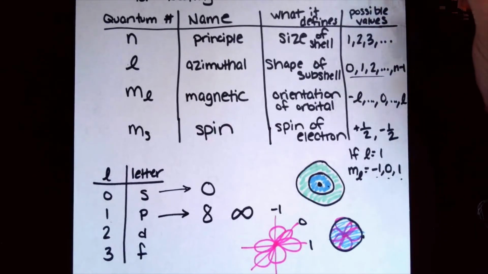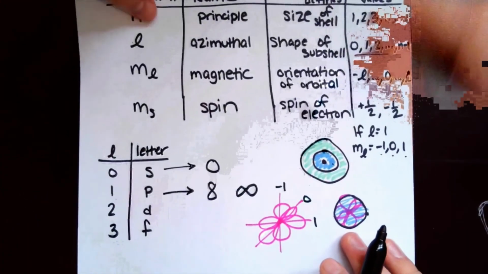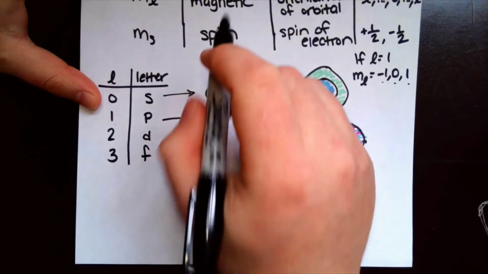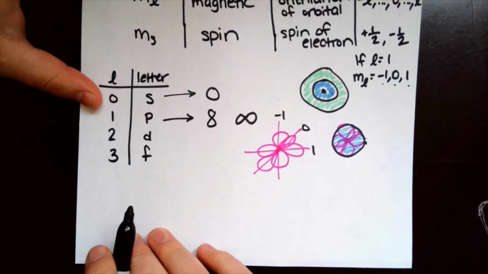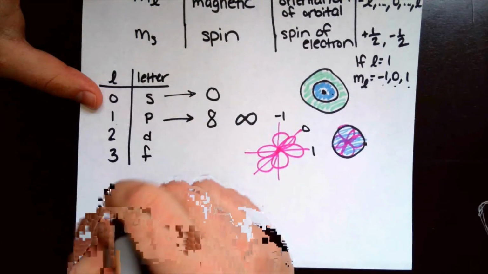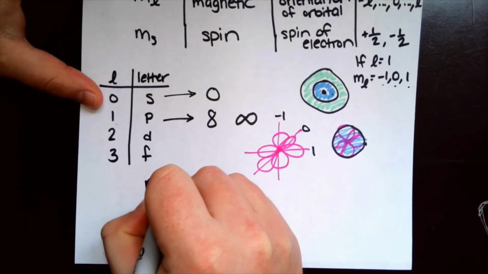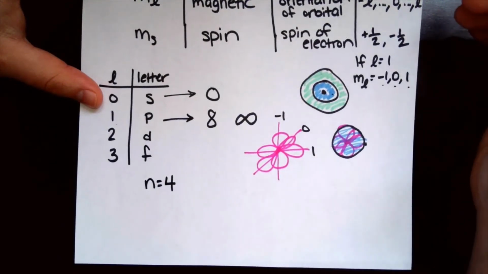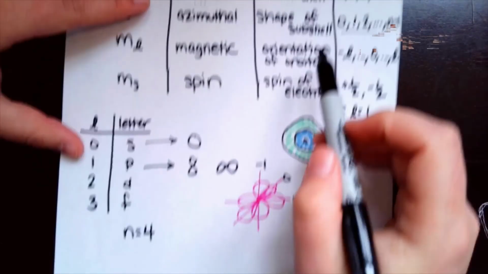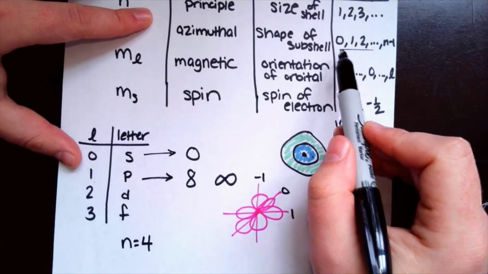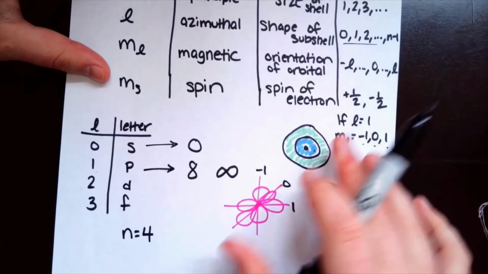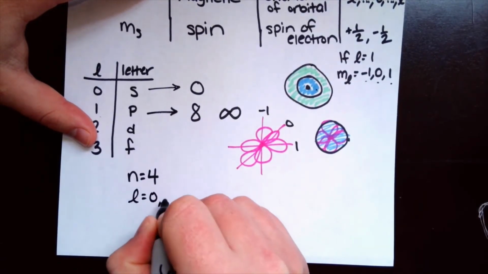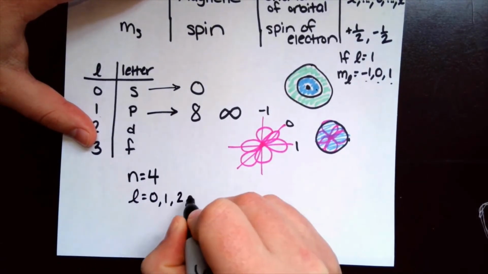Okay? So, for instance, expanding upon this a little more, let's say we have a principal quantum number of, let's go with 4. So n equals 4. If I were to ask you what all of the possible L values are, well, again, L can only start at 0, and it can go up to 1 less than n. So in this case, L could be 0, 1, 2, or 3.